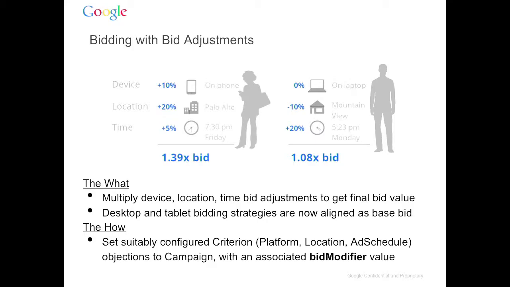It's important to know that with enhanced campaigns, device types of tablet and desktop have been consolidated into one. The marketing term is aligned. So you can only target them as a single device type, and when you want to do something like target a device, you can provide a bid modifier, which is essentially a multiplier that gets applied to the base bid. So you can say, I want to bid 10% higher if a user is on mobile versus the base bid, which is just for desktop.